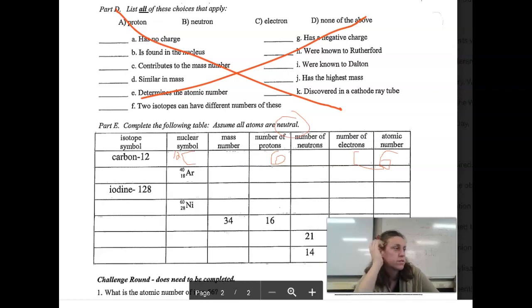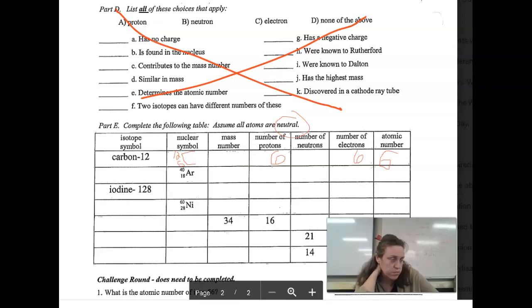Whoop, I apologize. Let's see if I can go back. Oh, I can. And that's 6. Okay, yes, atomic carbon has a lot of 6s with it. It's just what it is. Now I need to put the atomic number down here at the bottom. Pretty simple.